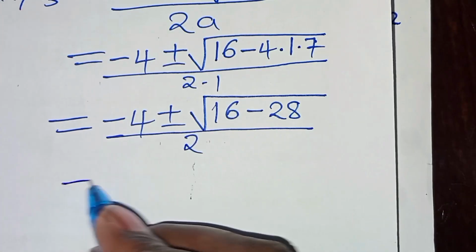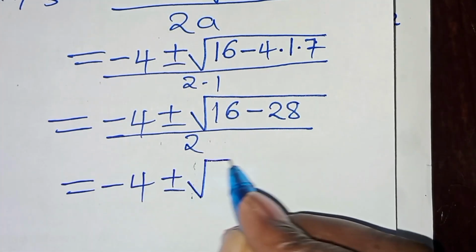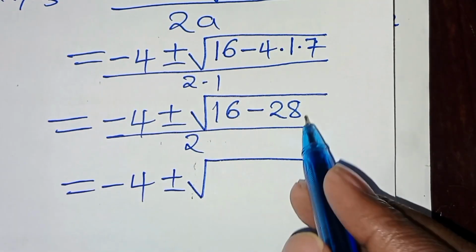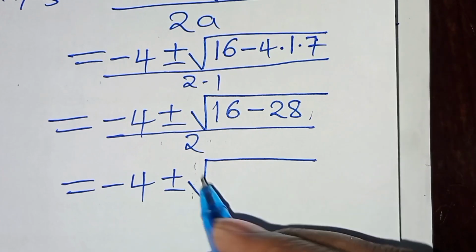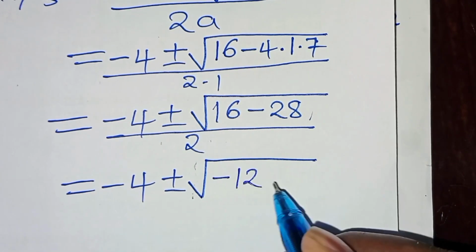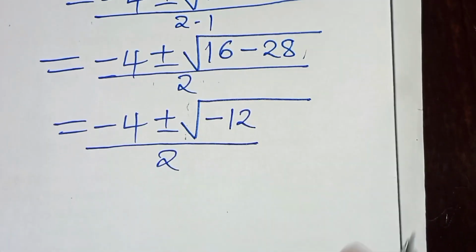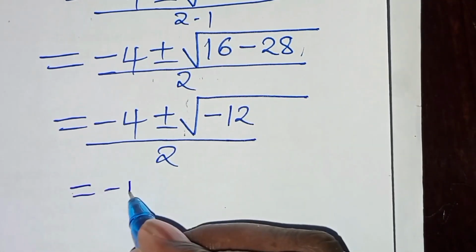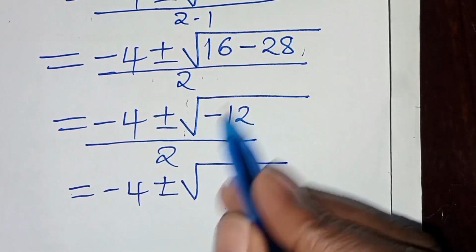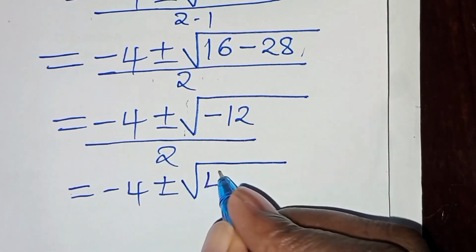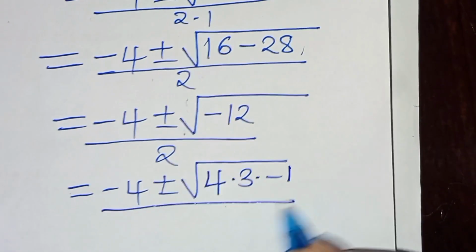So this implies that we have minus 4 plus or minus the square root of 16 minus 28, which is equal to minus 12, all divided by 2. So here we have minus 4 plus or minus. We can express the square root of minus 12 as the square root of 4 times 3 times minus 1, over 2.